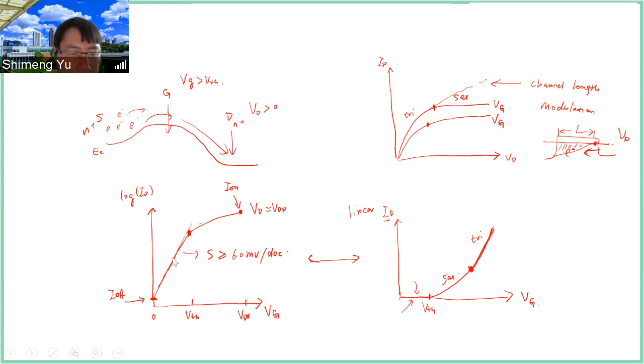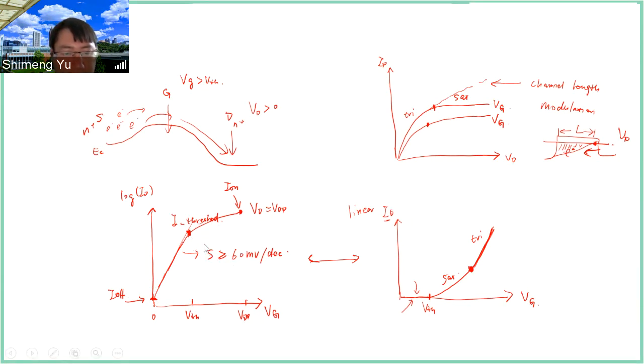So here, as you have done in the homework, if you want to have 5 orders of magnitude between this I off current versus this current at the threshold, let's say this is I threshold current. If you want 5 orders of magnitude difference here, then your minimal threshold voltage needs to be larger than 300 millivolts because of the slope here.